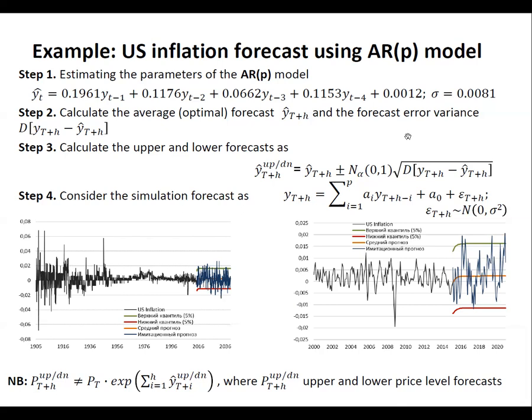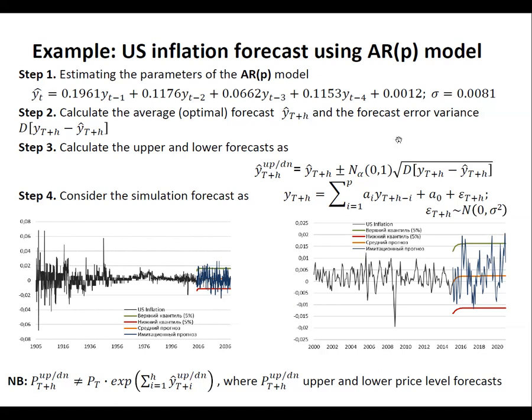So the average optimal forecast is just a substitution of the actual values. Then, when actual values run out, we substitute the predicted values instead of the actual ones, and so on. By recursion, we've got a forecast for any number of steps ahead.